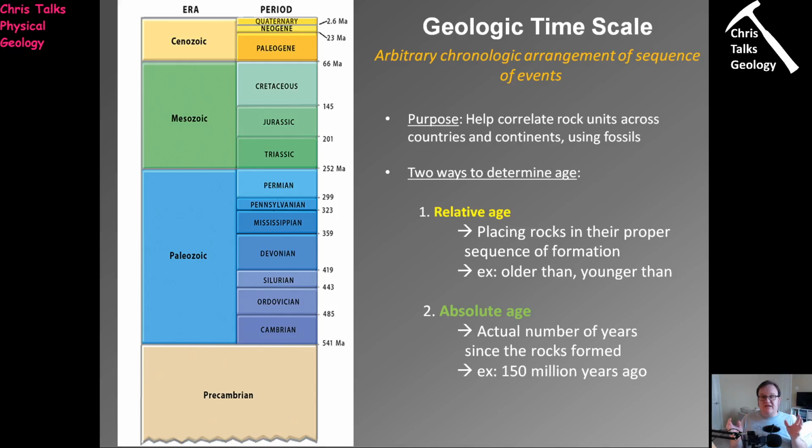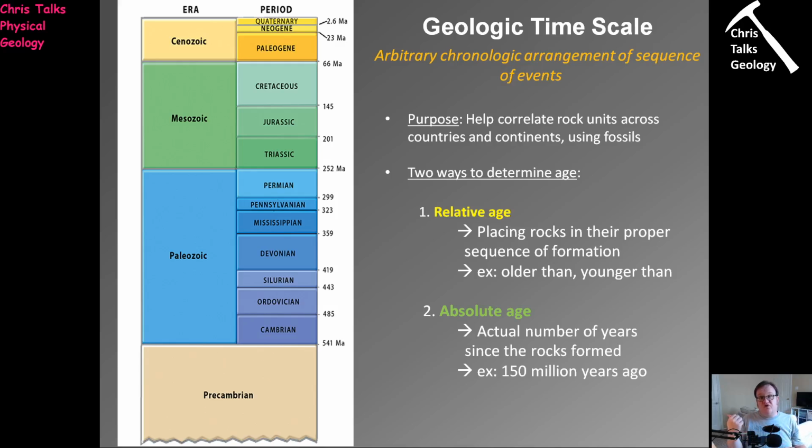So of course this means that you don't need these numbers on the right hand side at all. What you can do is be in the United Kingdom and say, right, the first appearance of this fossil marks the boundary between the Pennsylvanian and the Permian.